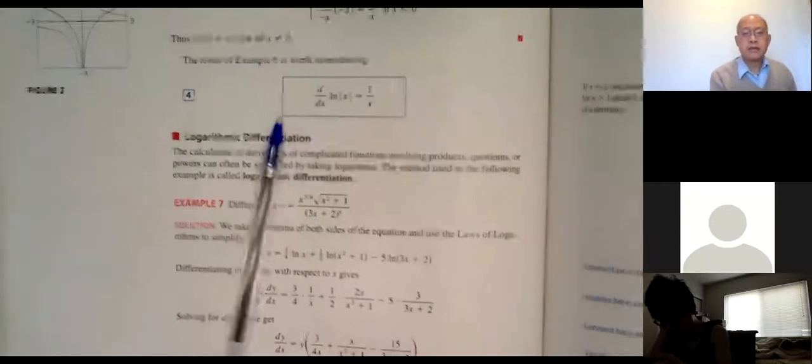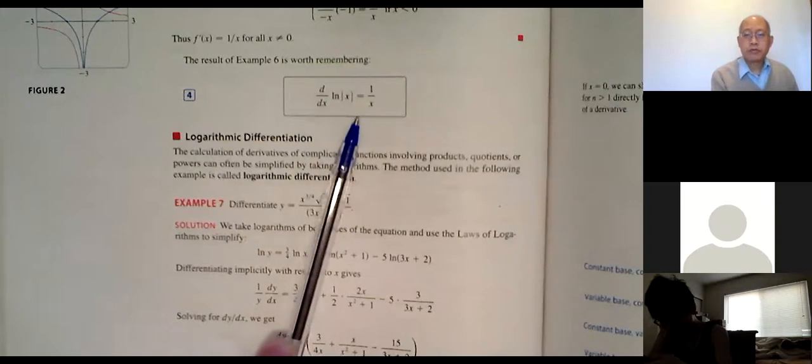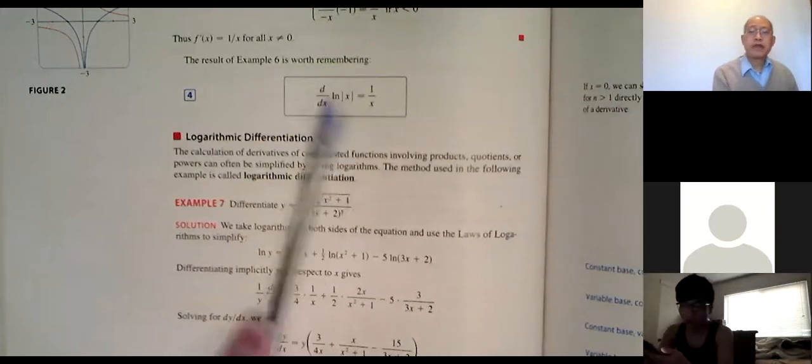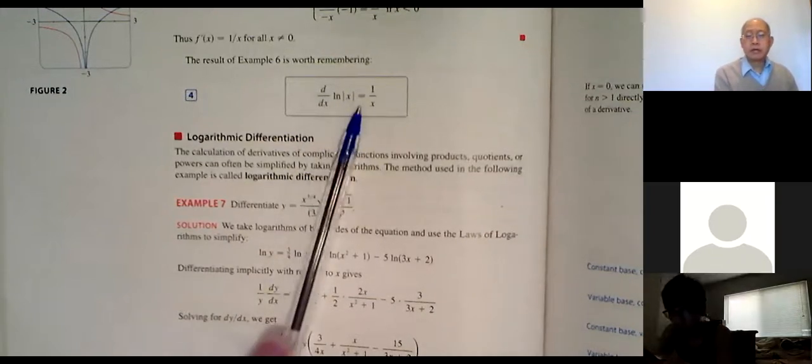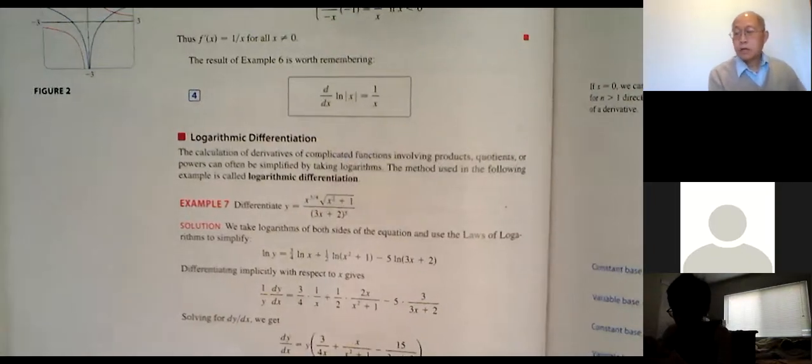Yeah, here we are. On page 220, the derivative with respect to x of ln absolute value of x is 1 over x. Okay, so we have ln absolute x, same thing, still 1 over x. All right, so I'll show you something like that.